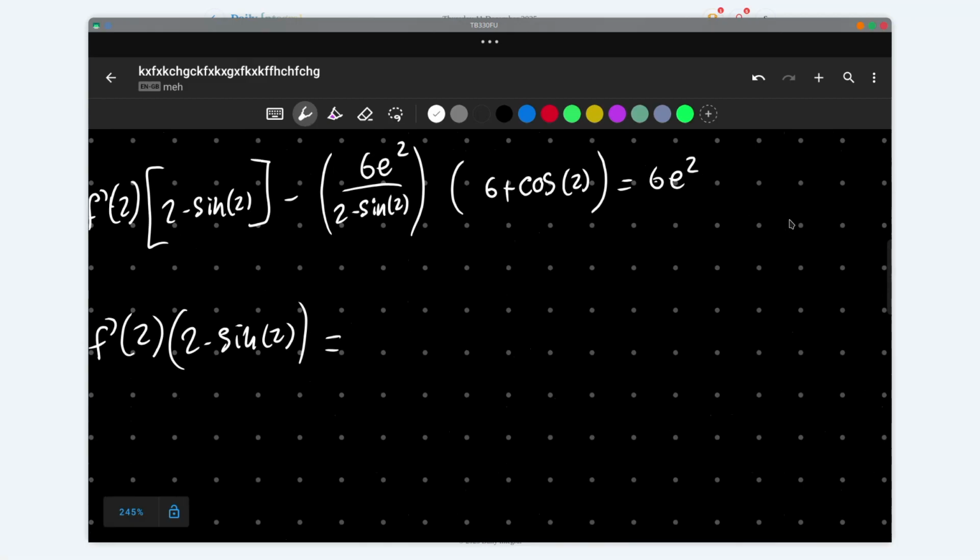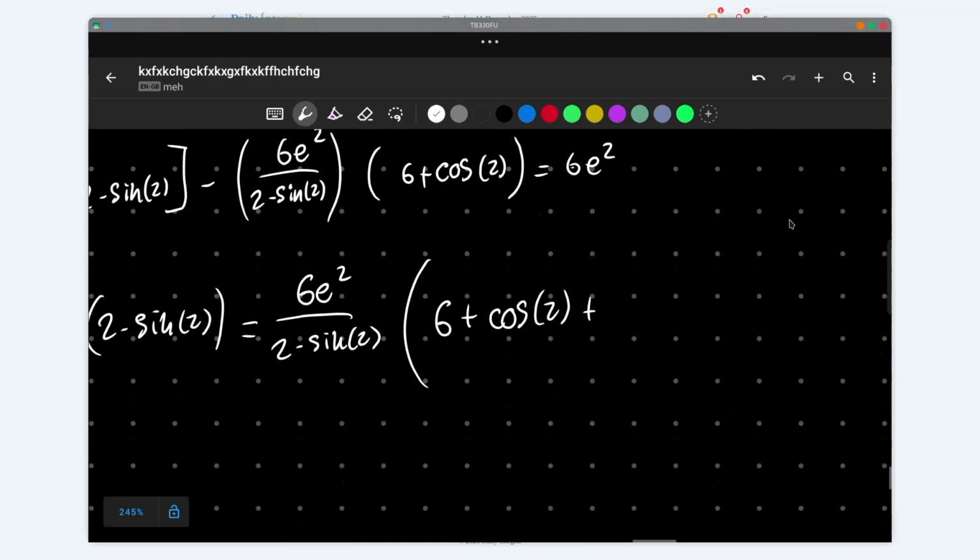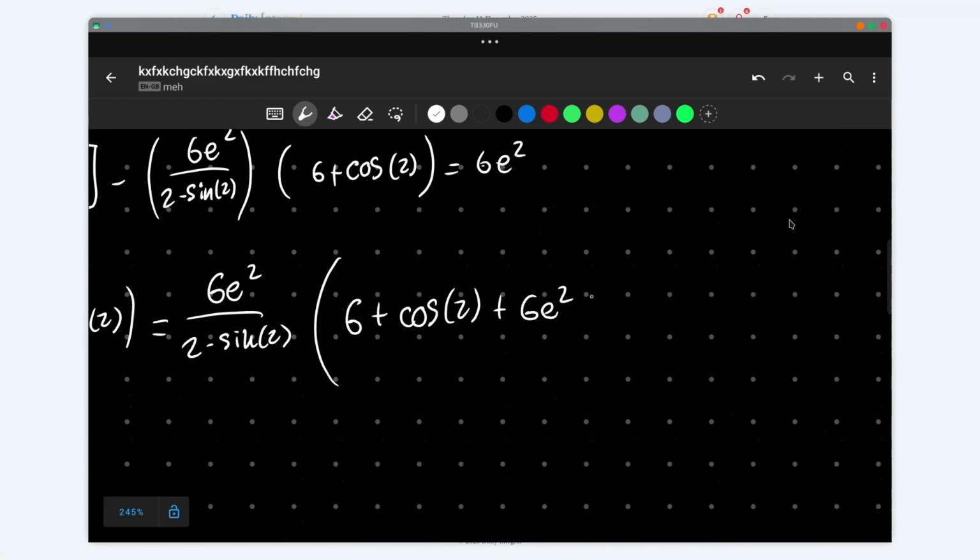If I put everything over 6e squared, you would then get 6 plus cos of 2 plus 6e squared, 2 minus sine of 2.